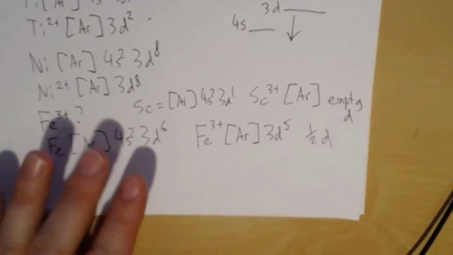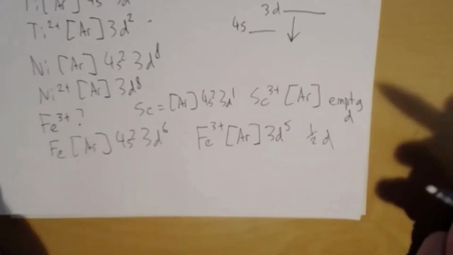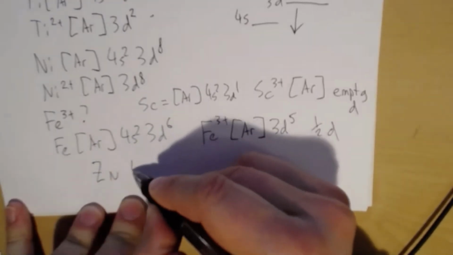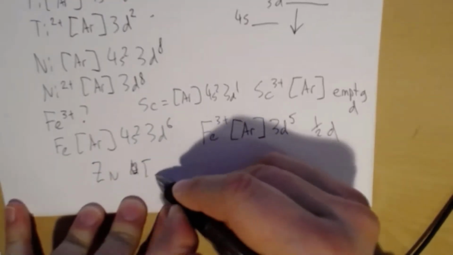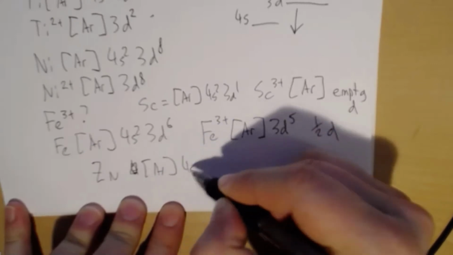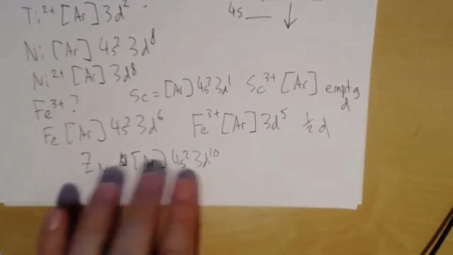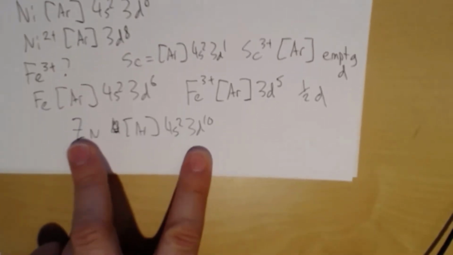Now, a lot of times they can't get to empty or half or full. Let's do zinc. Zinc is argon 4s2 3d10. Zinc was one of the always cations.